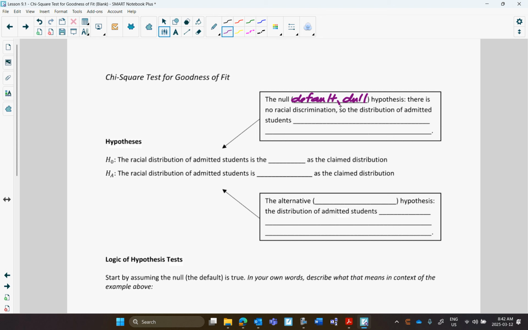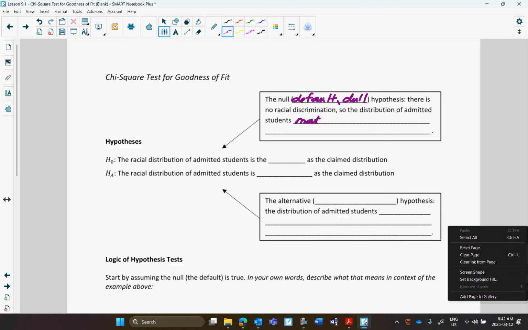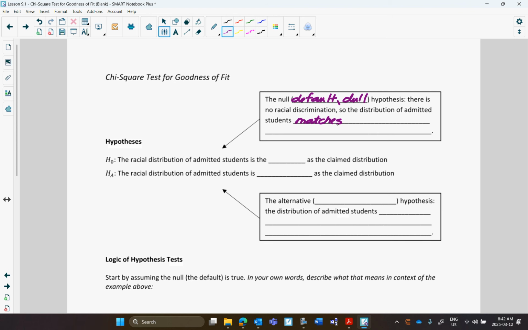It's the status quo. There's no racial discrimination, so the distribution of admitted students is the same as, or matches, the population of top applicants, the top 10%.